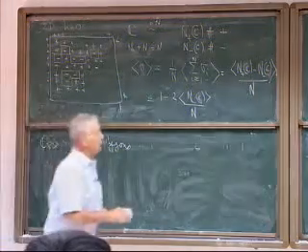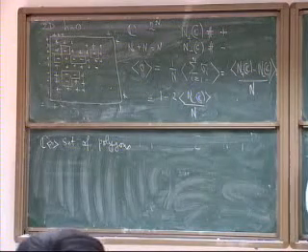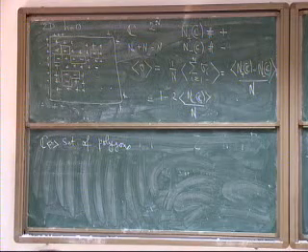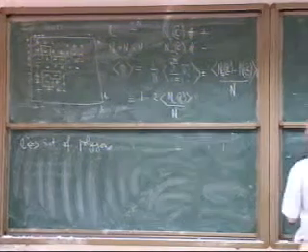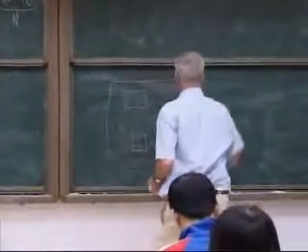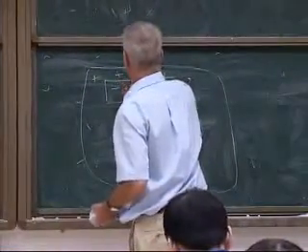If I draw a set of polygons like this, sorry. I start from the boundary, and I know that here outside they are all plus, inside they are all minus.